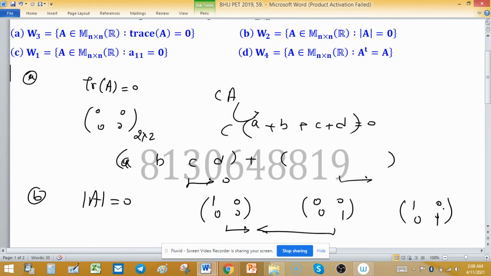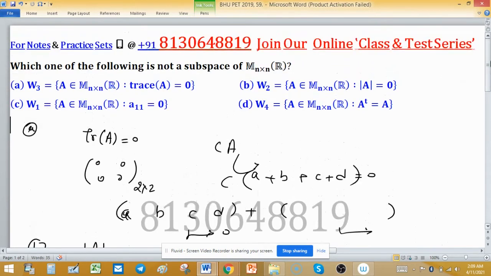It means the sum of two matrices is not in W2, so W2 is not a subspace, and we are interested only in which one doesn't form a subspace. So option B is the correct choice.